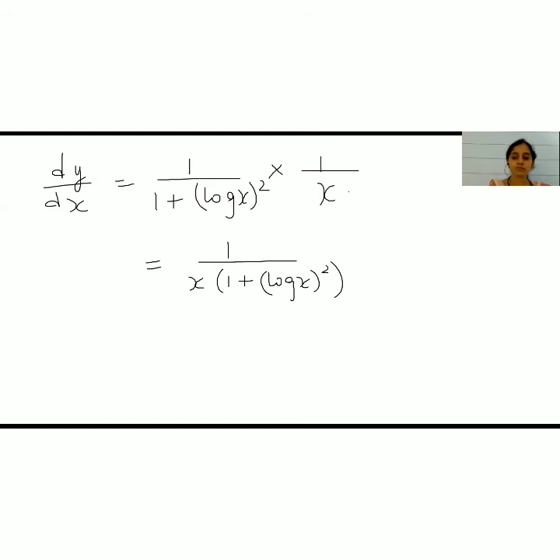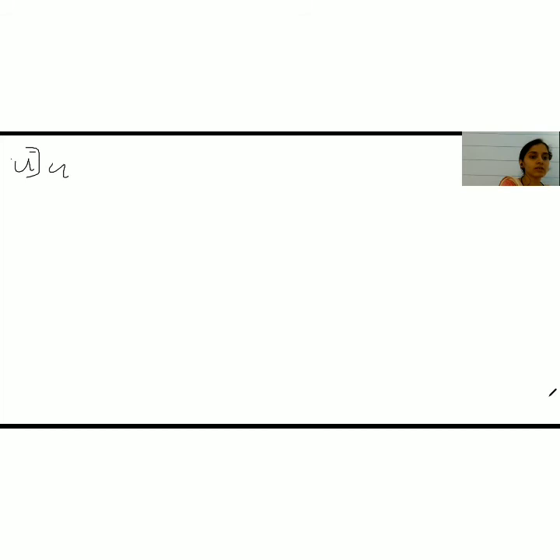Yes, so let us move to the next one now. Same question 6. I'll do the second one, cosec inverse e raised to minus x. Okay, so second one, cosec inverse e raised to minus x. So let us first revise the formula for cosec inverse. What do we have?